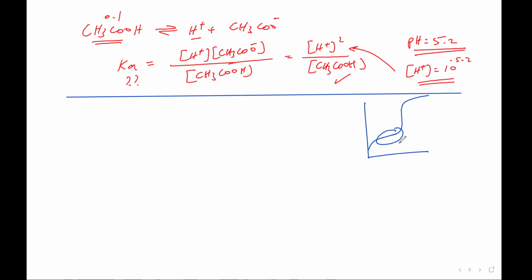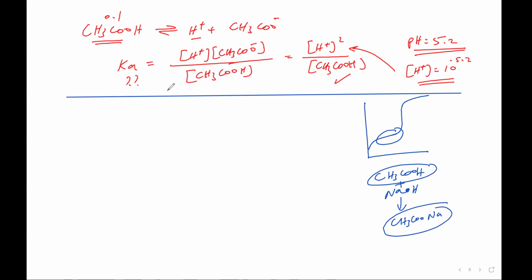We are adding sodium hydroxide to the weak acid, and together they form the salt CH3COONa. So we have the weak acid together with the salt in this region, and this forms a buffer. That's why here you will see a gradual change in pH, and the pH is not changing significantly.